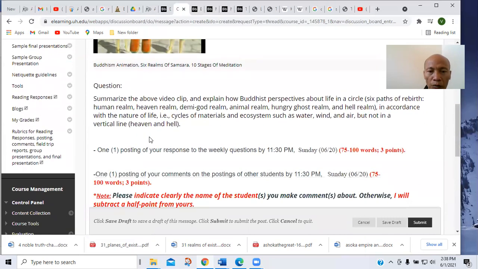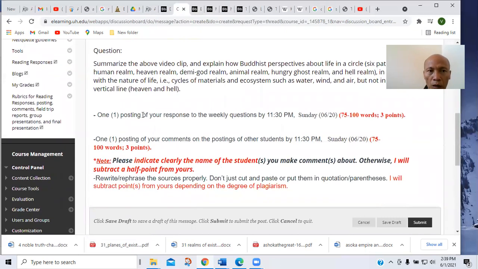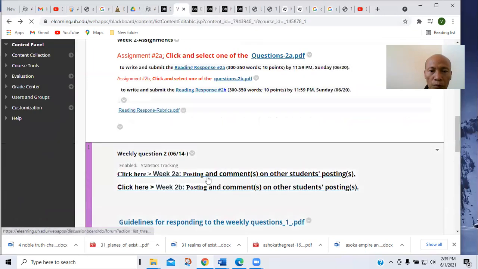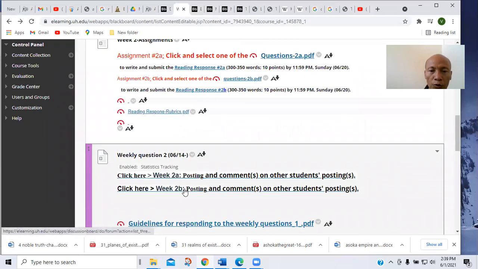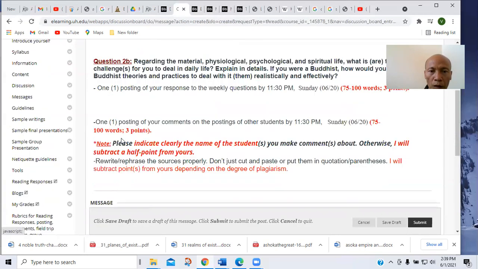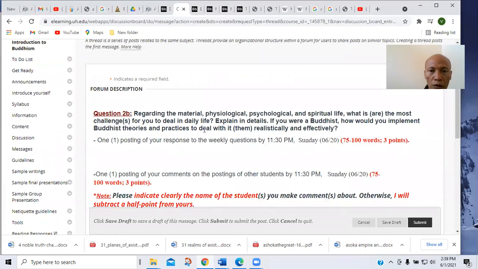And after you post your response, you make a comment on another student's posting. And you do the same thing for 2B. You click here, click on create thread, and this is the question. So respond to this question.